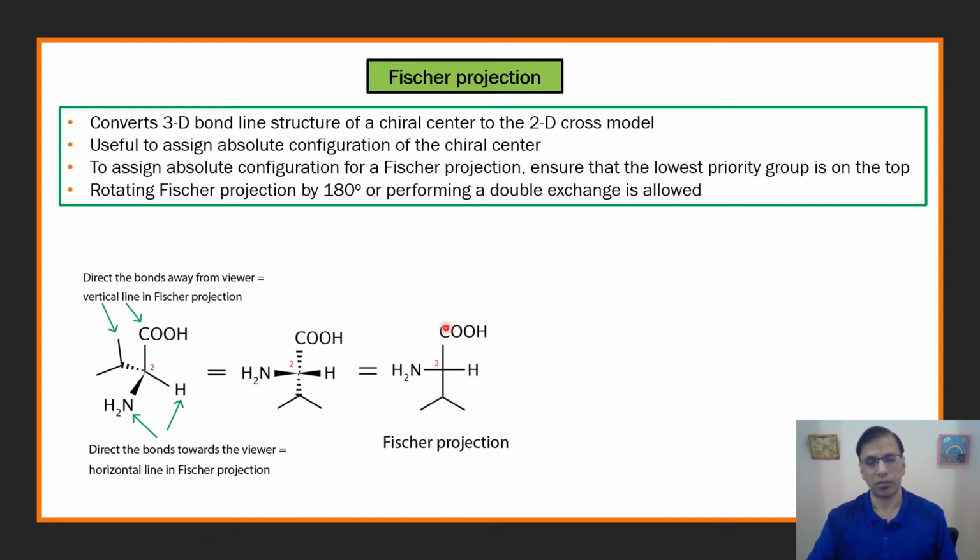So this is how a Fischer projection will look. The amino group and the hydrogen will be the horizontal line, whereas the carboxyl and isopropyl groups will be the vertical line.